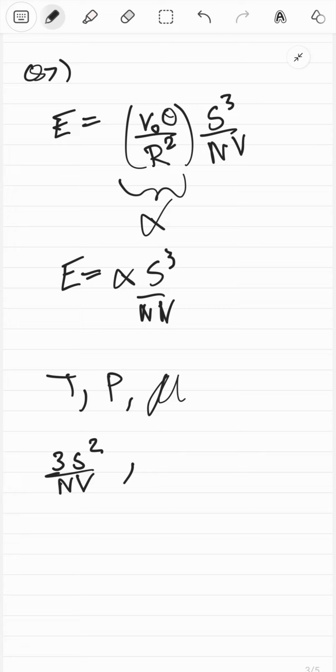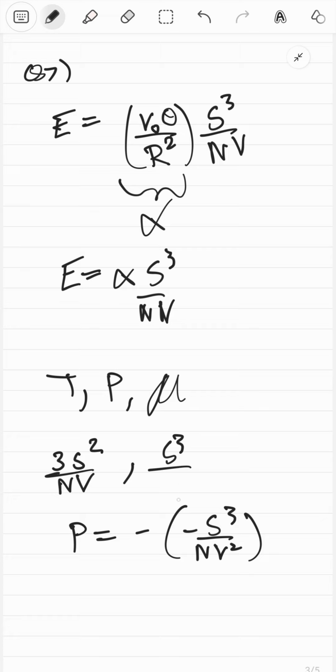So pressure is the negative derivative of energy with respect to volume. So P is just negative of this, so negative S cubed upon NV squared. In fact, just S cubed upon NV squared.